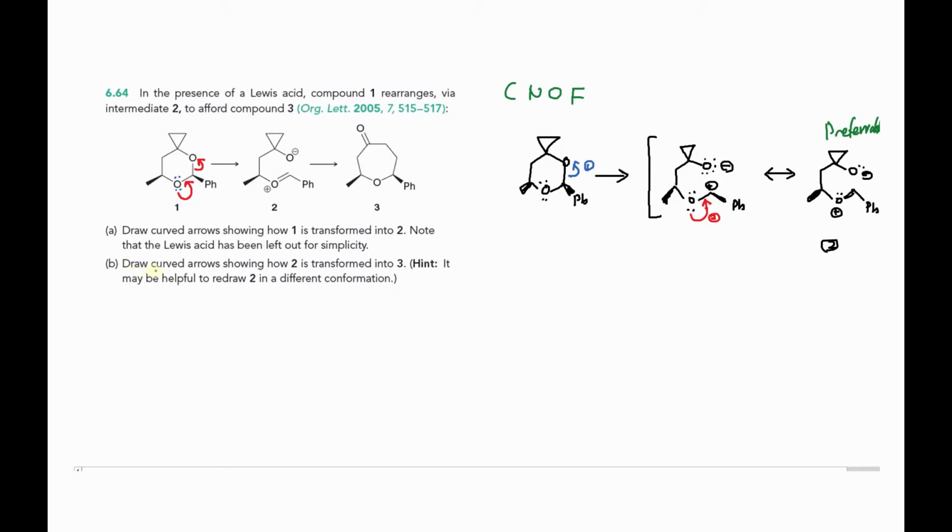Now B is more tricky, because it's the same. They're asking the same thing, except you have to kind of visually observe this. So how do we turn 2 into 3 and show the mechanism? Well, looking at that, if you can visually see this, you notice that there's no plus charge on the oxygen in compound 3, and the double bond is gone, and this time the acyclic compound becomes cyclic.